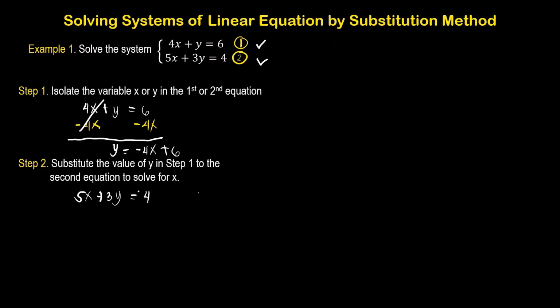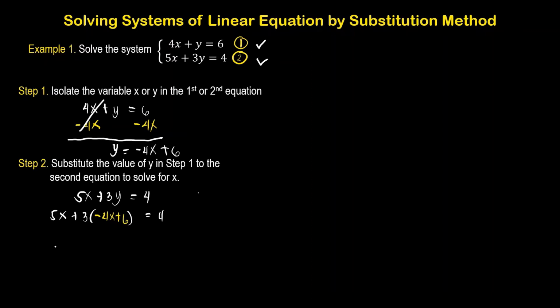So that means we are going to substitute the value of y here. So i-substitute natin yan. So we have 5x plus 3 times the value of y is equal to 4. So, we need to substitute the entire value of y here na nakuha natin sa ating step 1, which is negative 4x plus 6.